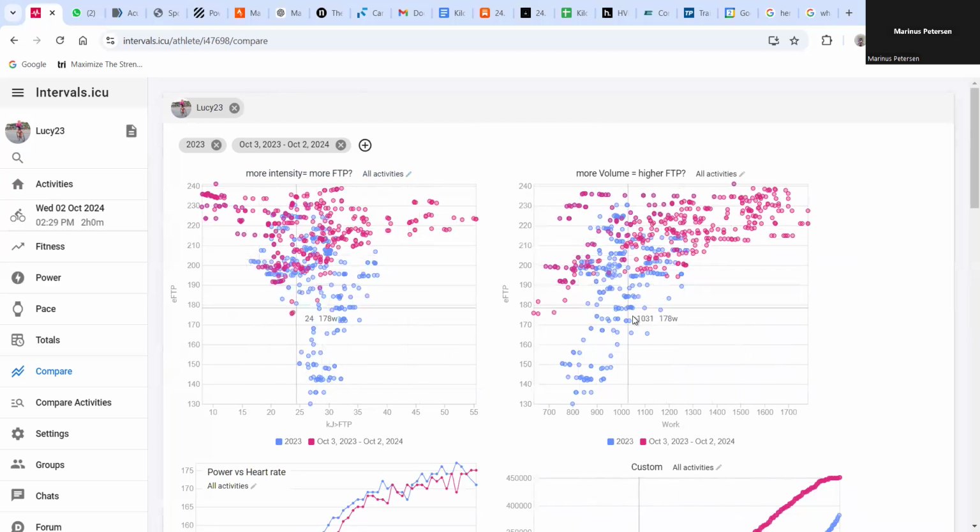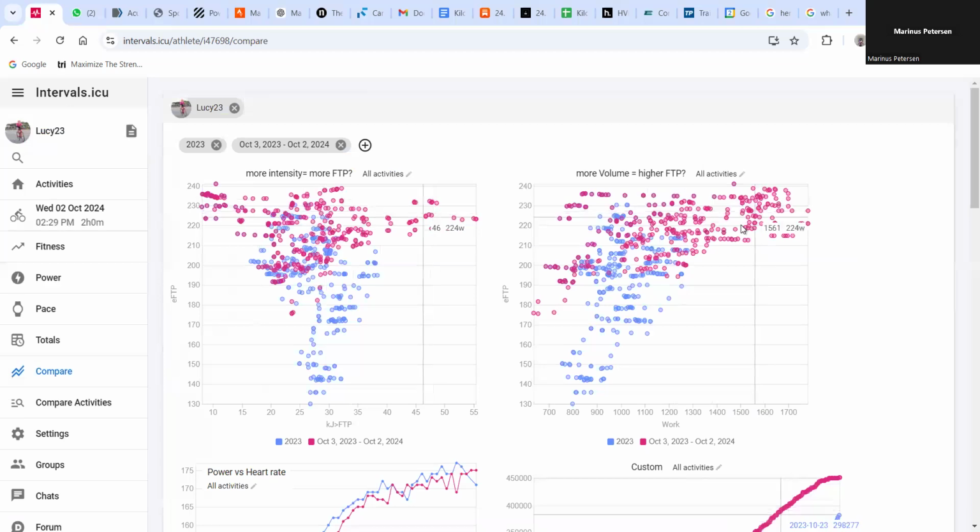And then we have a look at more volume, more FTP. That's pretty good correlation. So interestingly, the first time we increase their volume, year one, big increase in FTP right when they do more volume. This year, we get to a certain point with training status where you can't increase your volume as much.